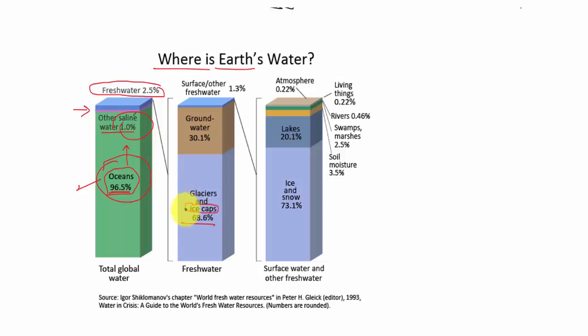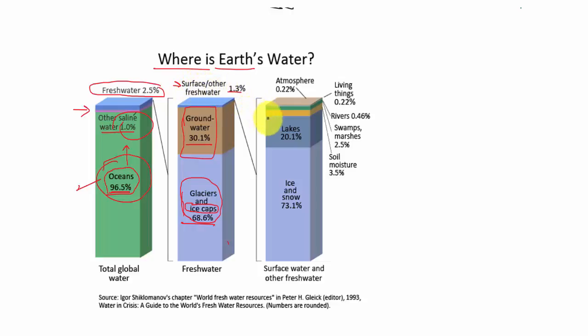So we have a big concentration of glaciers and ice caps on both poles of the Earth's surface, which constitute around 68.6% of fresh water. Then we have 30.1% of fresh water which is stored in groundwater, and now we have 1.3% of available fresh water which is stored as surface water or other fresh water.